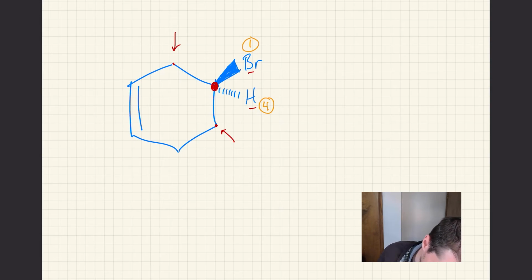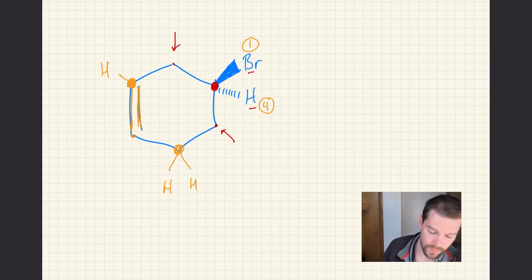Okay, so now we move to the next ones. So now we're going to compare this carbon with this carbon. This is bonded to 2 H's and then another carbon, right? And this one here is bonded to 1 H and 2 carbons. If you have a double bond to a carbon, that's 2 bonds to a carbon, right?